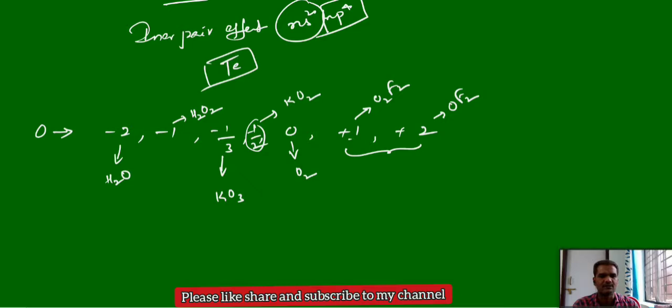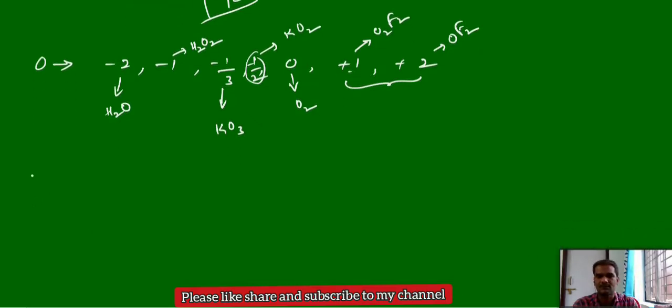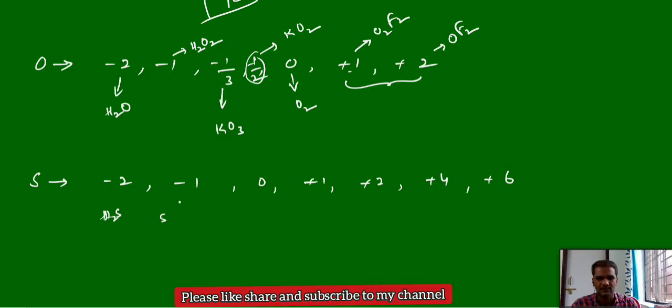These are some different oxidation states for oxygen. Similarly, sulfur oxidation states are also important. Sulfur can show oxidation states from -2 to +6: -2, -1, 0, +1, +2, +4 and +6. -2 is in sulfides, like hydrogen sulfide. -1 is in the case of H2S2.